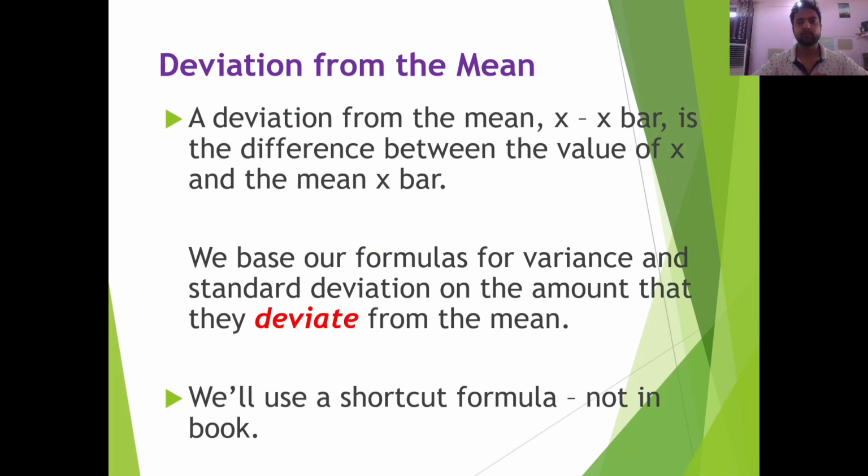Let us move to another topic, that is deviation from mean. You must be knowing about mean by now. When we have to calculate mean for a population, we do summation of all the values, summation of x, and divide that by the number of observations. That's how we calculate the mean.